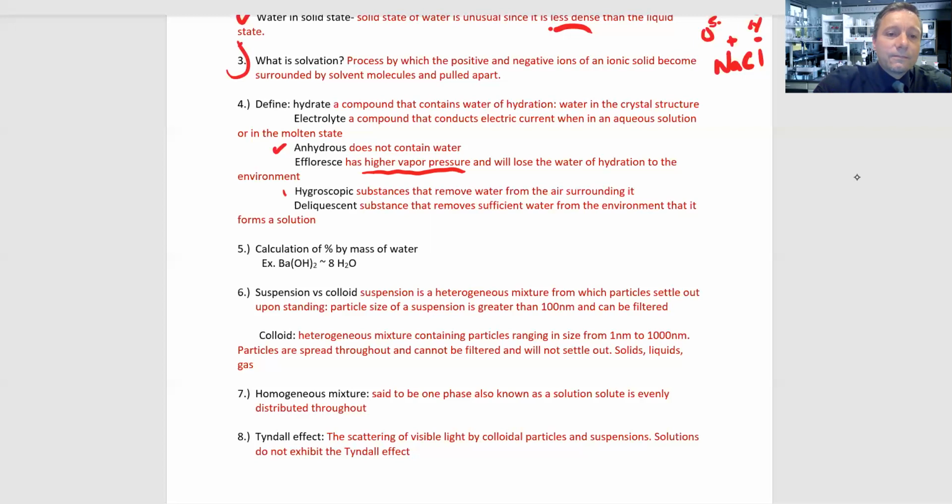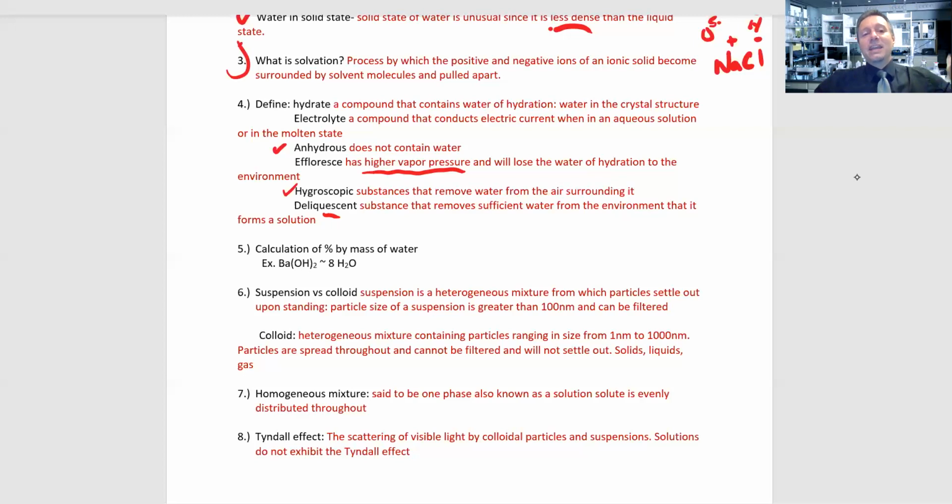Hygroscopic. Right here, we're at hygroscopic. That's a substance that removes water from the surrounding air. So any substance that will remove moisture from the air is called hygroscopic. When you talk about deliquescent, a substance that is deliquescent will actually remove sufficient amount of water from the atmosphere around it that will actually become a solution.